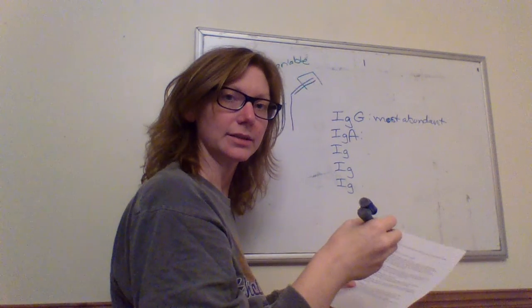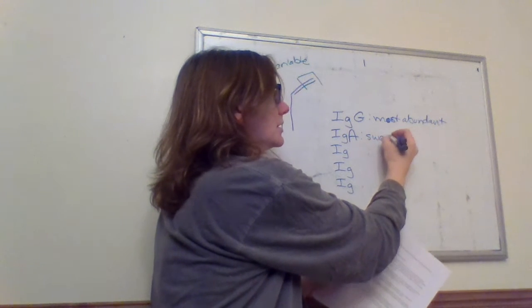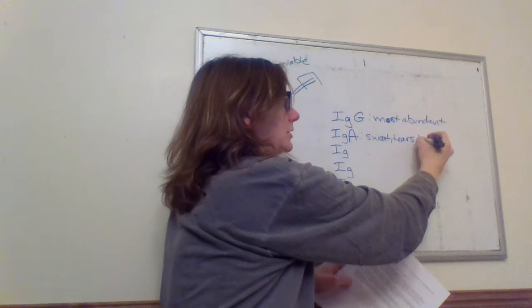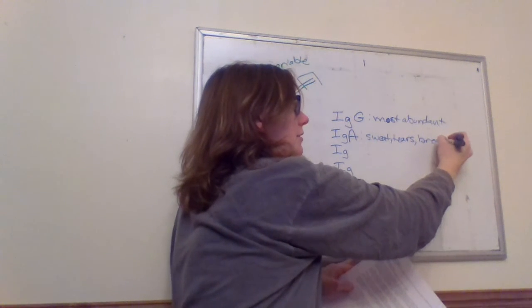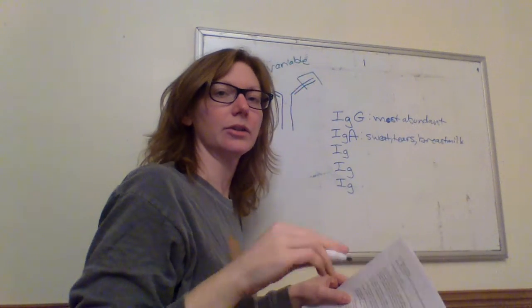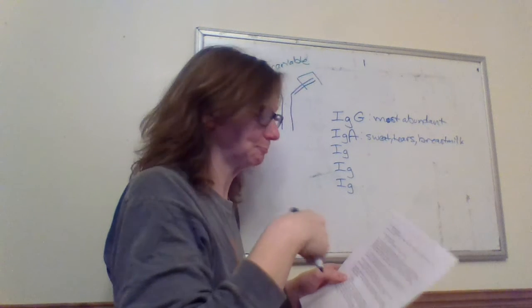There's quite a bit less of this one, and it's going to be in like sweat, tears, and also quite importantly, breast milk. Again, covering those babies until they're able to do this stuff for themselves.